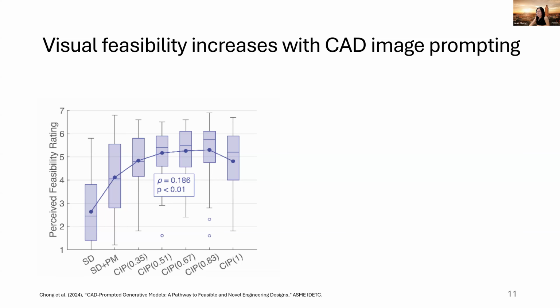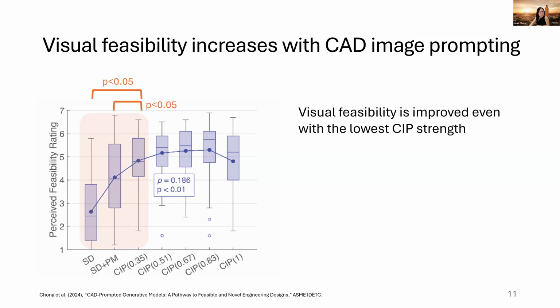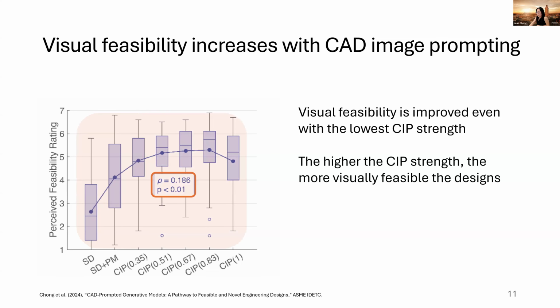SD plus PM is stable diffusion on top of a feature that the platform had to increase the quality of the images, and then the rest are CAD image prompting on top of that. And as you can see, that visual feasibility is improved even with the lowest CAD image prompting strength. So with the 0.35 weight, we still were able to increase the perceived feasibility.